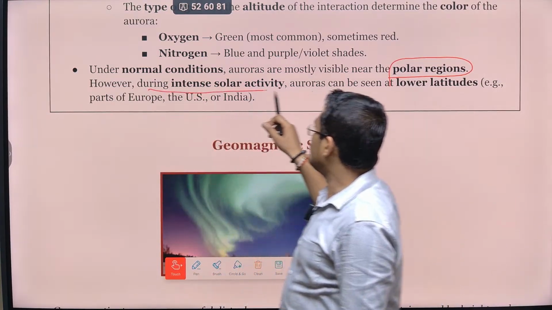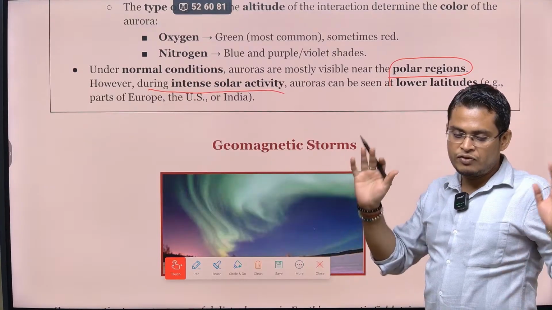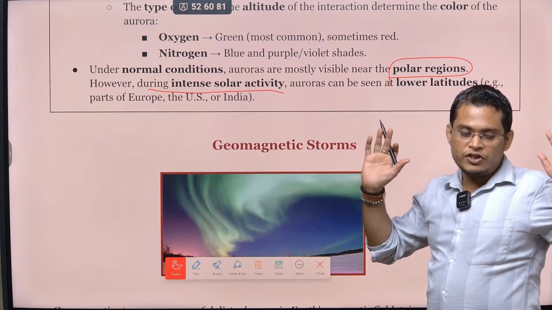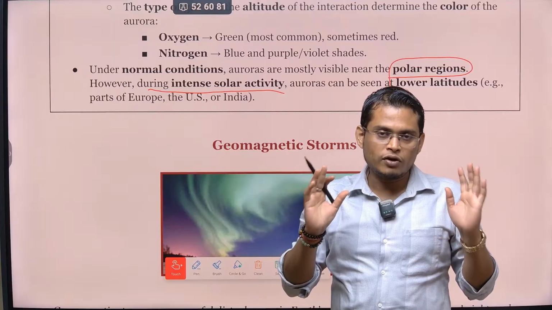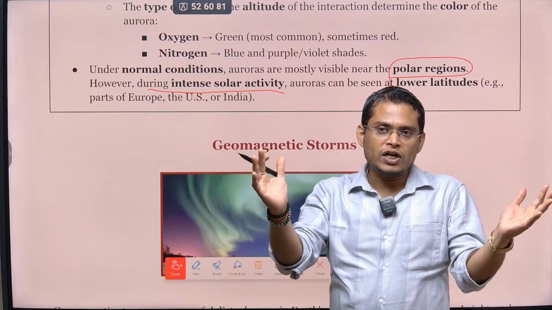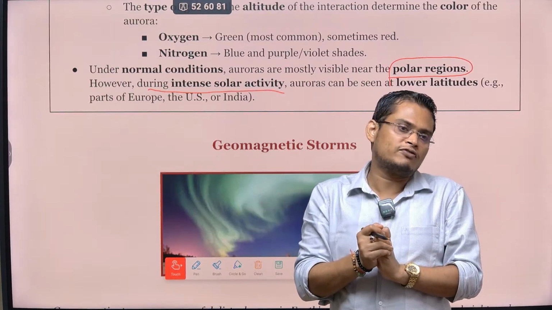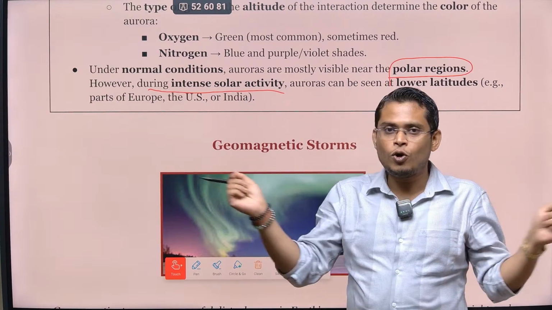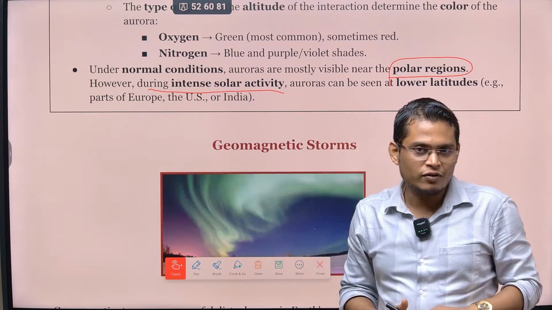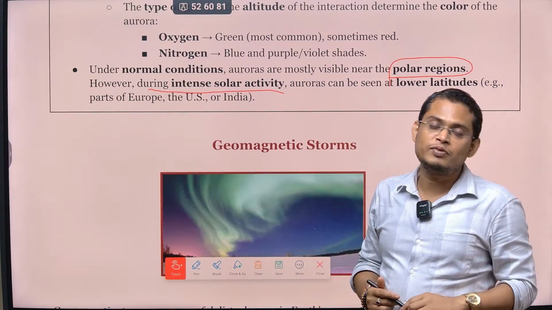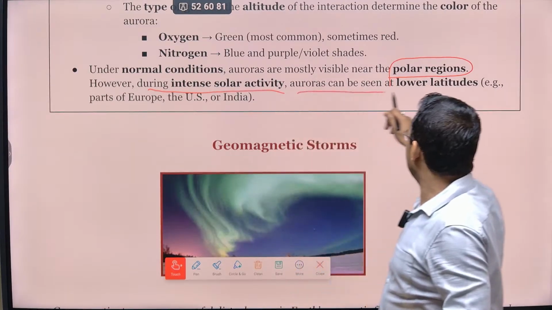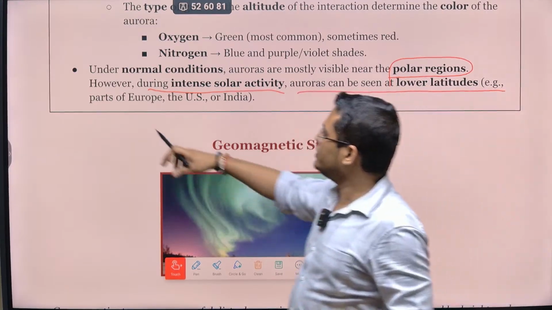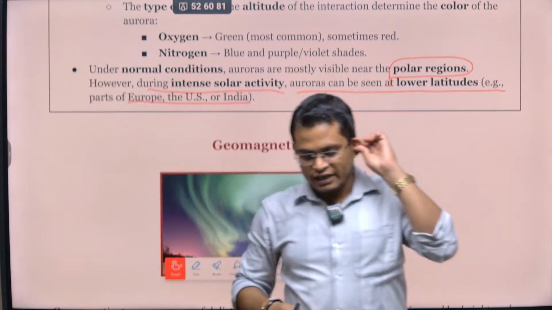However, during intense solar activity, meaning when the sun is more powerful, it is shedding a lot of charged particles. When the sun is shedding a lot of charged particles, they try to reduce the magnetosphere of earth, and in that case more particles can come towards earth and there will be more aurora activity. Okay, so aurora can be seen in lower latitude parts of Europe and US or even India's Ladakh region.